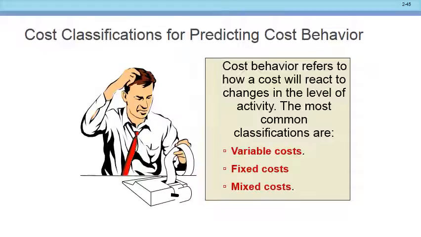So think about this. Your direct labor is going to be a variable cost. Your direct materials is going to be a variable cost, right? Your manufacturing overhead, okay?